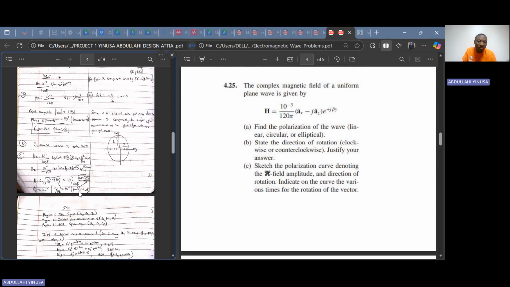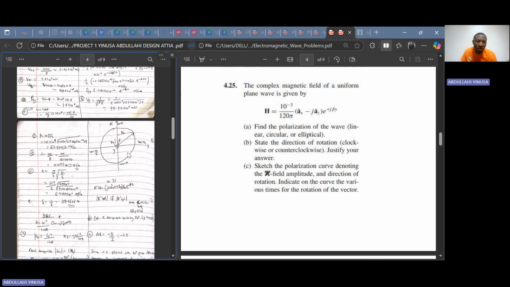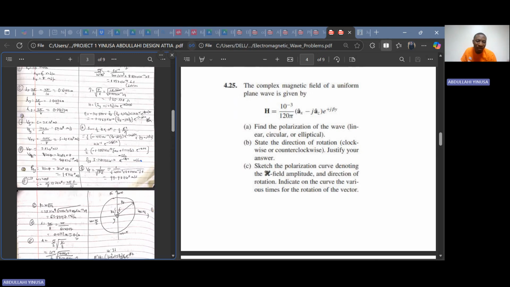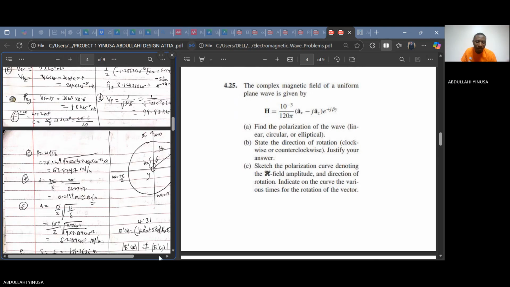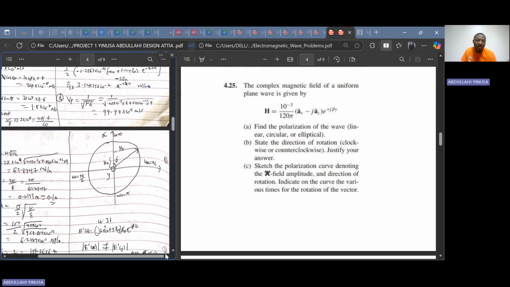So tan omega t. When you take the arctan multiplied by tan, you cancel the 2. Then you arrive at omega t only. Then from there you can draw our curve. This is our curve. As can be seen, this is our curve.